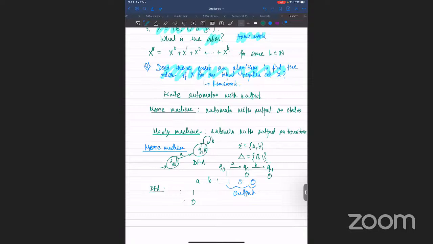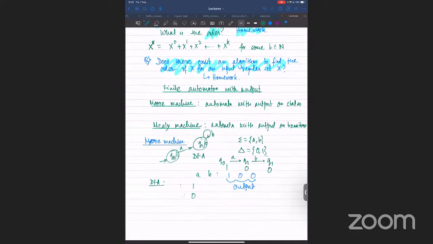Okay, so let's try to define the Moore machine formally. What was the DFA? You had the 5-tuple Q, sigma, delta, Q0, F. This was my DFA. Now I have a Moore machine in which I have an additional capital delta, which is the output alphabet, and I also have a lambda.